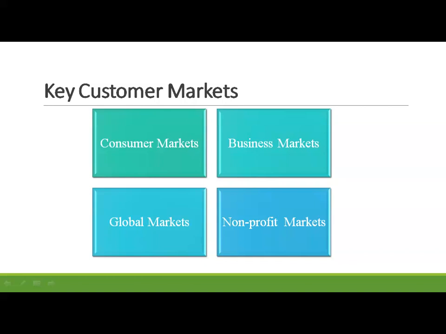Next is global markets. Companies in the global marketplace must decide which countries to enter and how to enter, like an exporter, licensor, joint venture partner, contract manufacturer, or solo manufacturer. They must decide how to adapt product and service features to each country, how to price products in different countries, and how to design communication for the different cultures in that particular country.